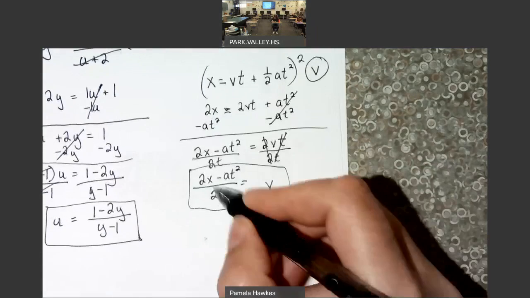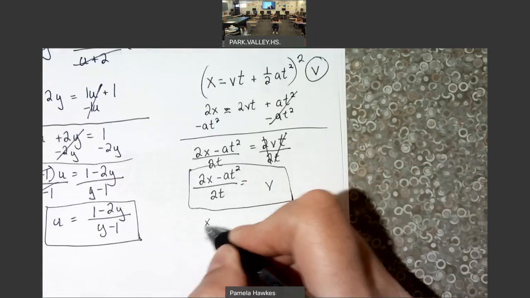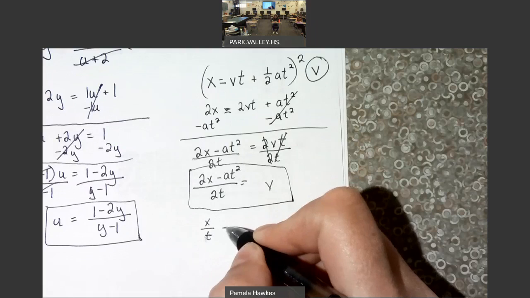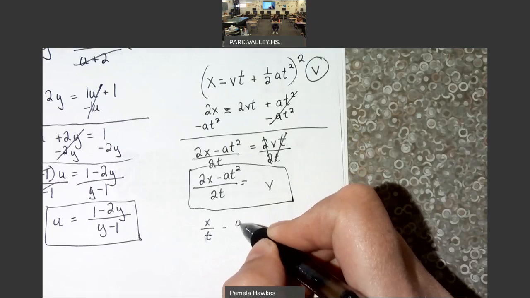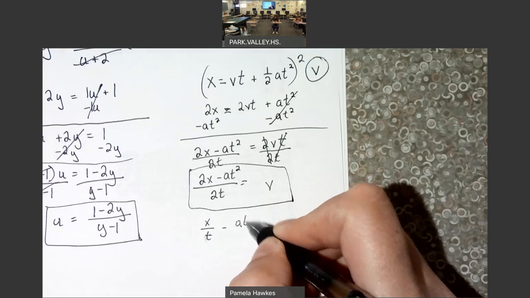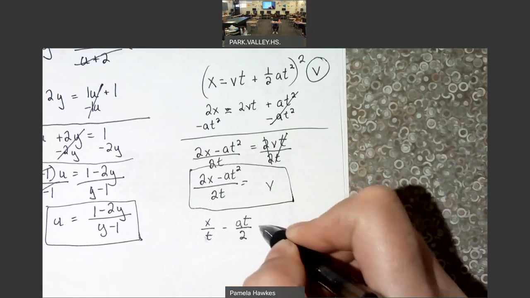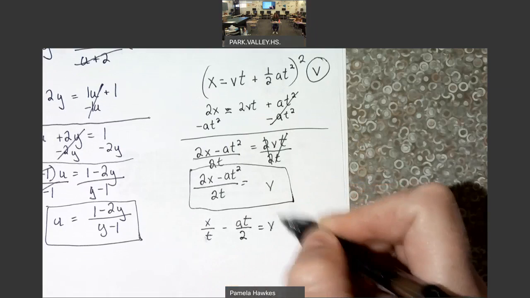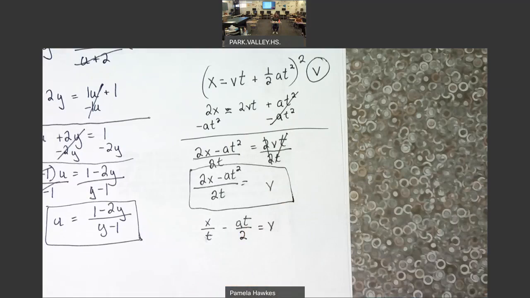Some of you want to go like this: x over t minus at over 2. It's the same thing.